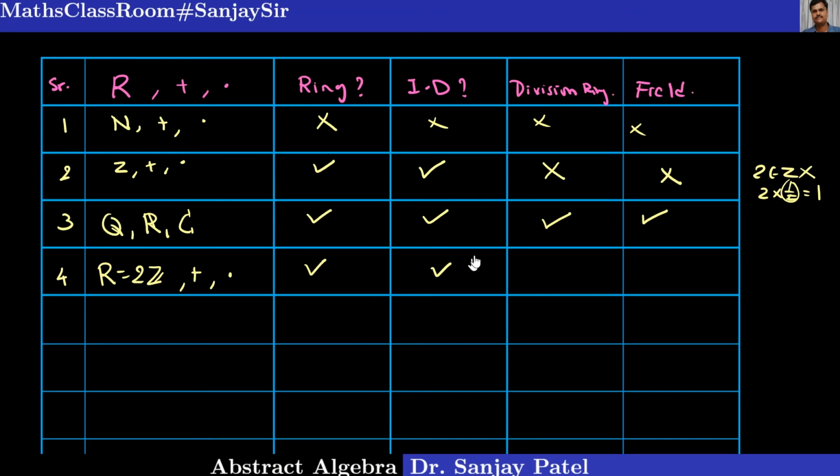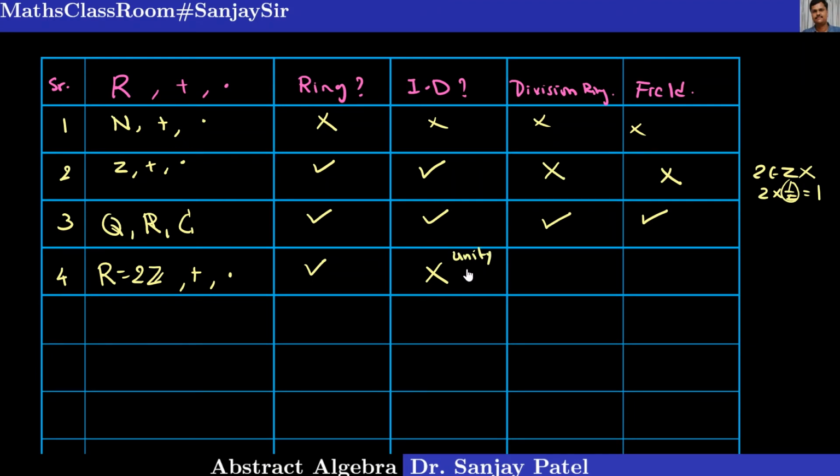Yes? No, it is not an integral domain. Why? What is missing? Unity element is missing. Yes, the unity element does not belong to 2Z. So this ring is not an integral domain. It has no zero divisors, that is fine, but it is not an integral domain because unity does not exist.